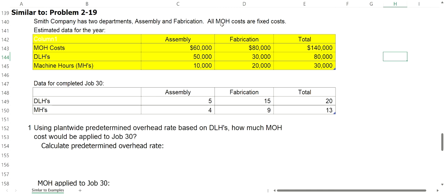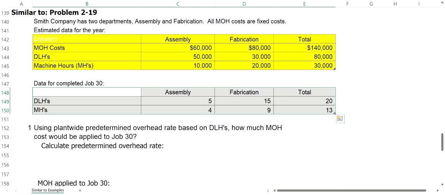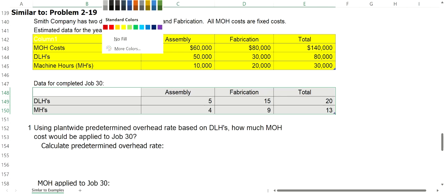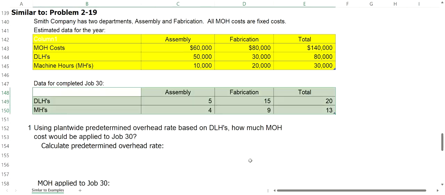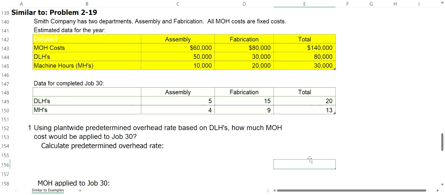Okay, data completed for job 30, this would be our actual information. Our direct labor hours for assembly, our machine hours for assembly, our direct labor hours for fabrication, and our machine hours for fabrication.